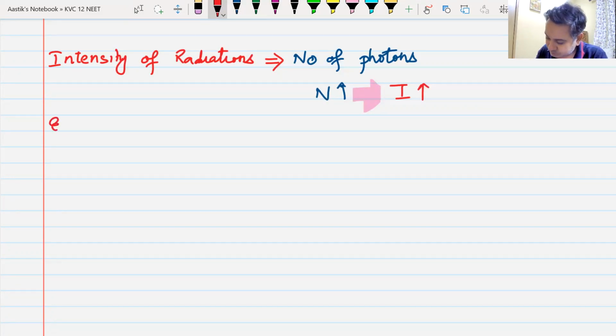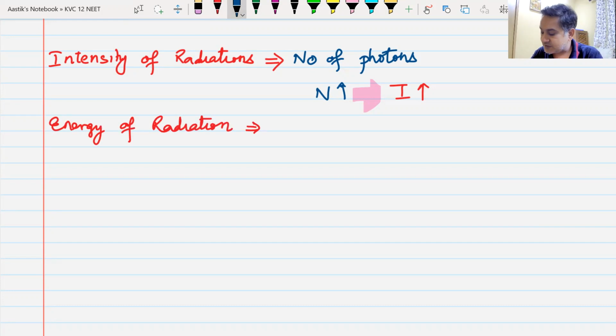Now, the energy of radiation does not depend on the number of photons, because the energy of radiation depends on the frequency of the photons.